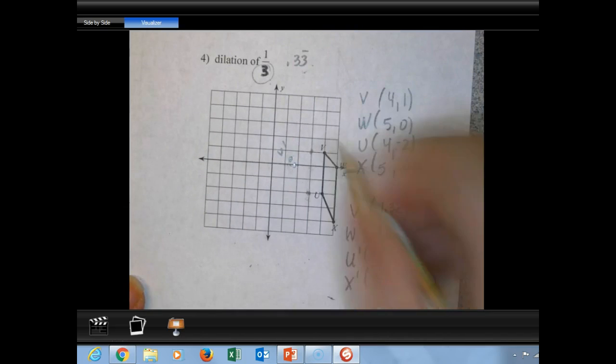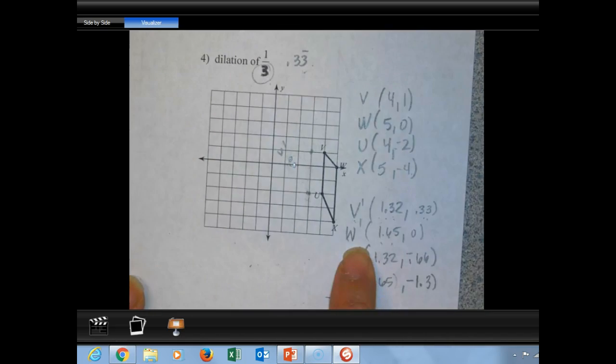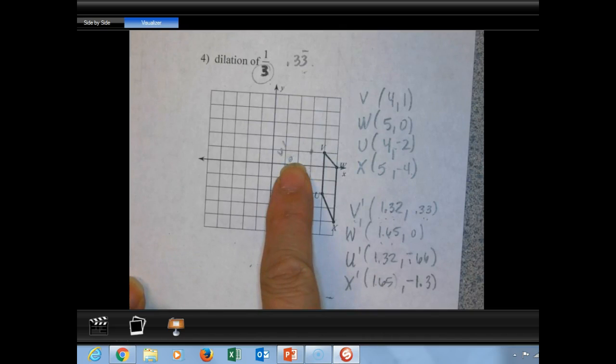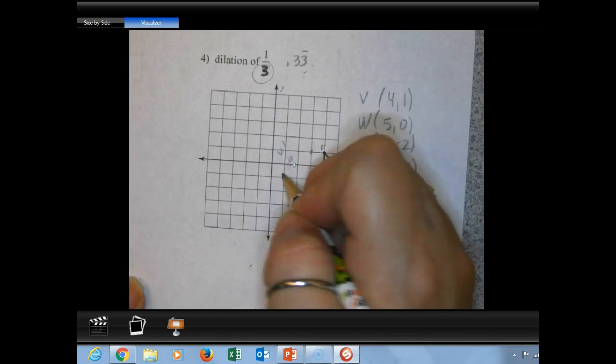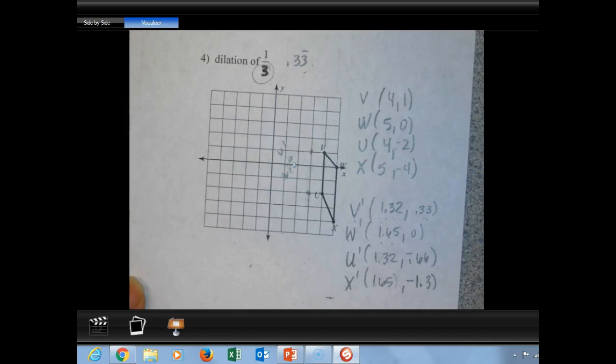So, that's my W prime. What do you mean there's no label? Because I wrote W prime right here, and that's what I'm graphing. It's right there. And this is W prime. And it's not labeled because I wasn't done yet.